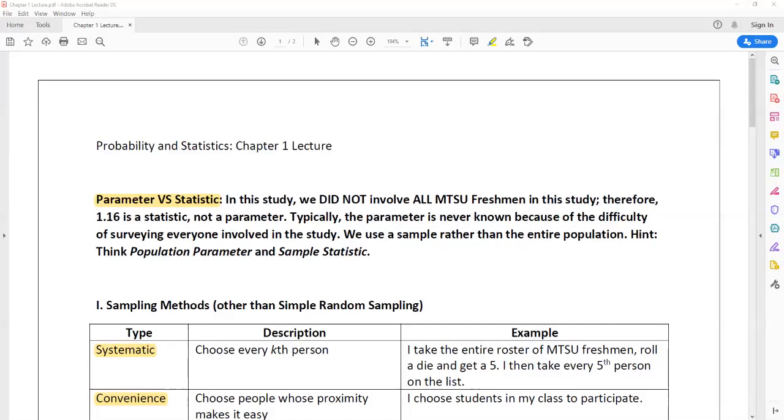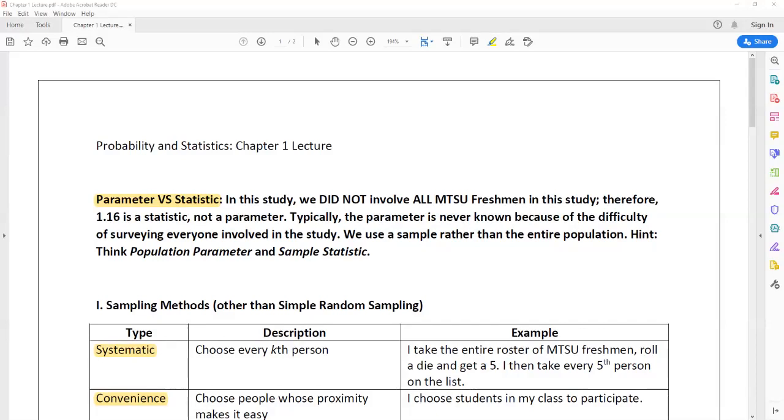Well, since the brother was not included, we are now 5 points less than the true weight, the true average weight. So that 190 is really a statistic. It's a statistic that we are using to estimate the parameter. The parameter happens to be 200 because that's what the average would be if everyone participated.